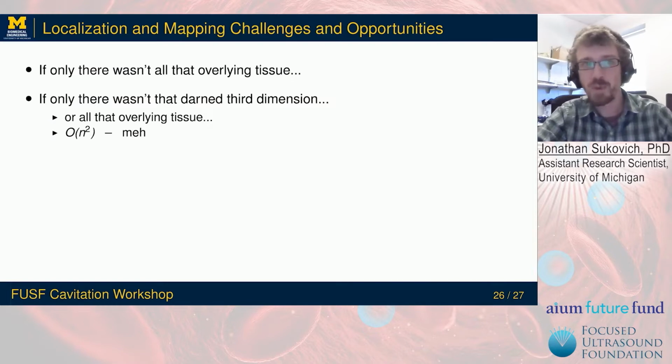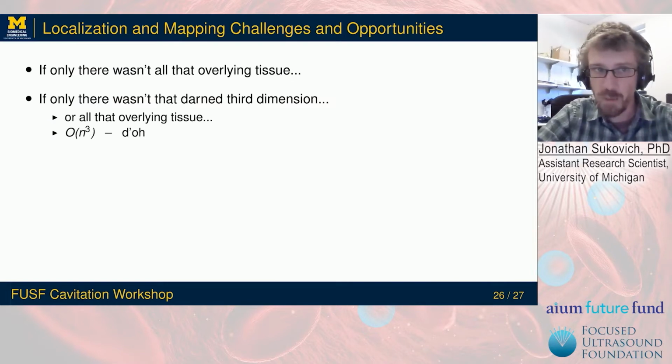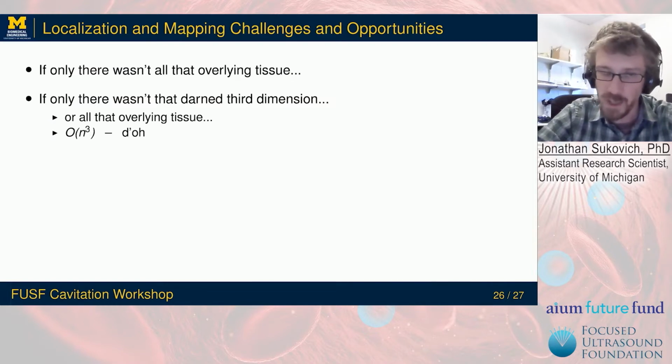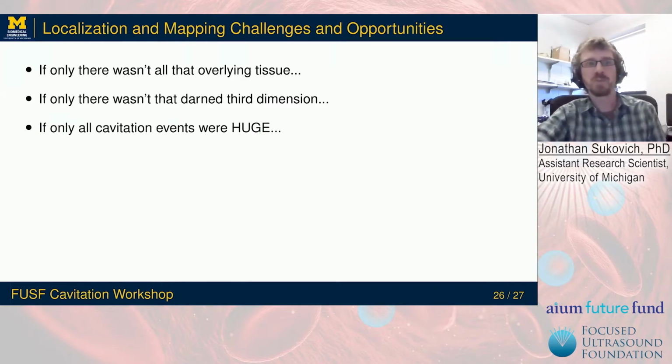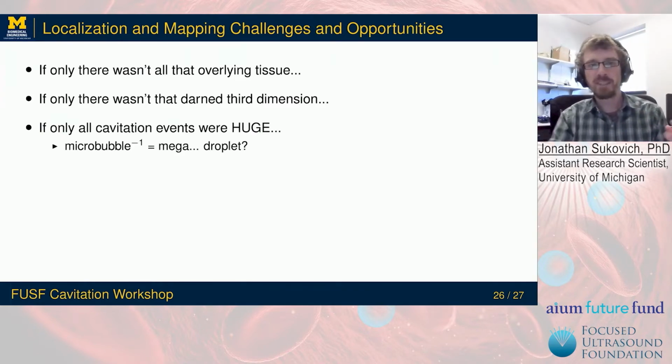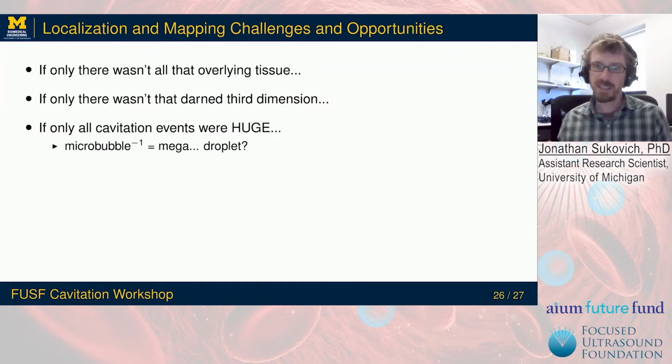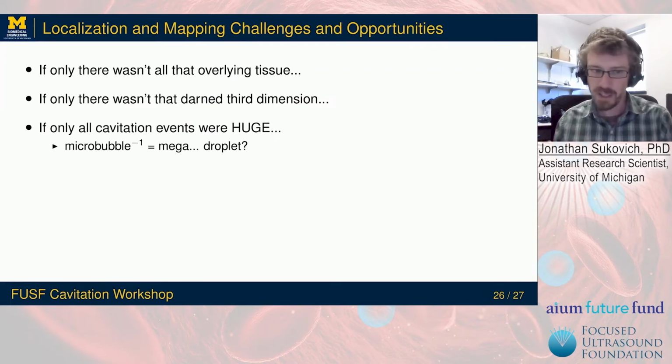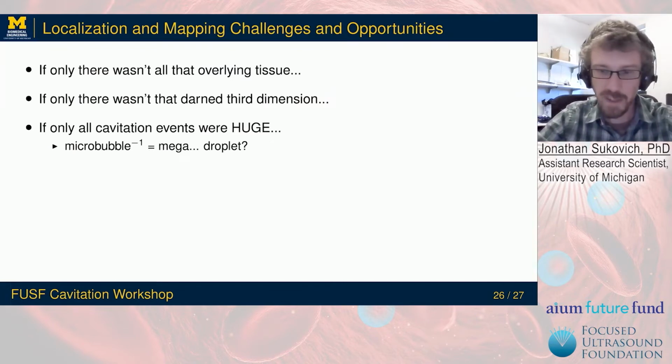If you have to do volumetric image forming, it becomes a computationally very expensive task to do, especially for large volumes. Another issue is that not all cavitation events are huge, and you have to be able to detect these signals in order to do cavitation localization. So sensitivity of your receivers is a really important thing to consider.